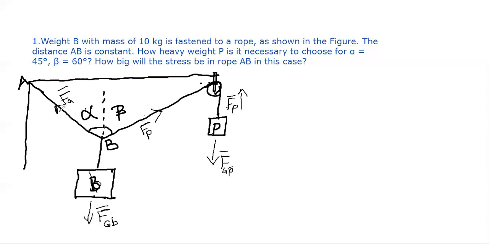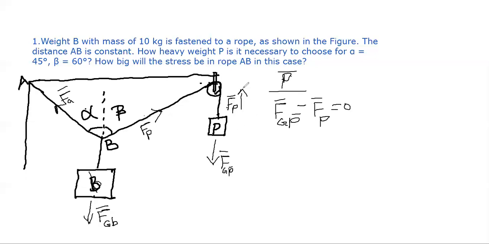Now let us consider P. On P, let us draw the free body diagram. On P, let us consider the point P. Here we have the equation of motion: FGP minus FP will be 0, right?